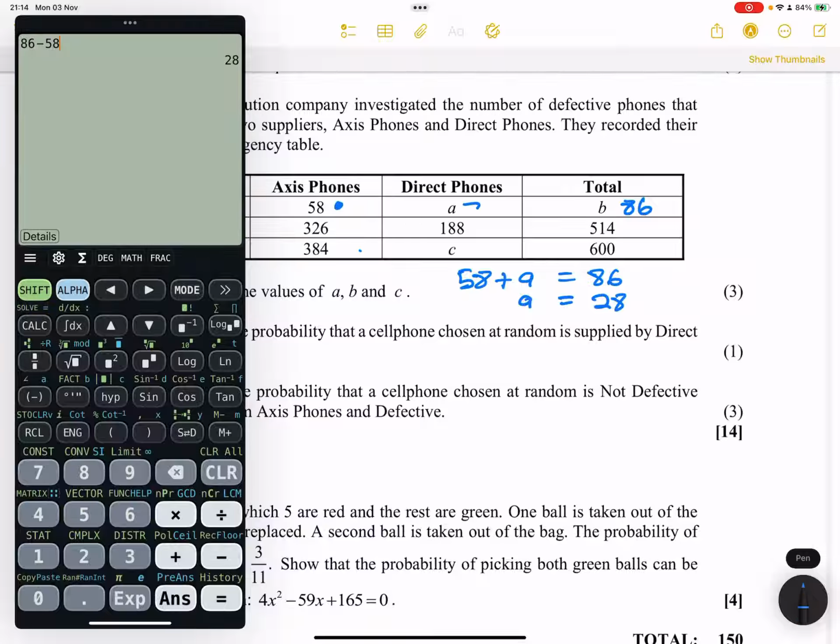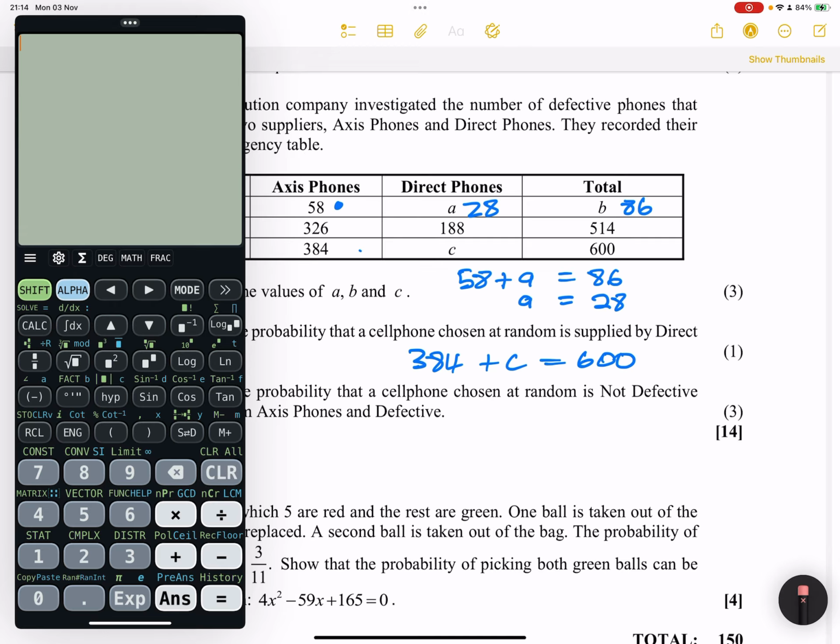So that's 28. And what is our C value? We either could have found C by saying 384 plus C is equal to 600, or we can say 28 plus 188. That will give us the value of C even still.